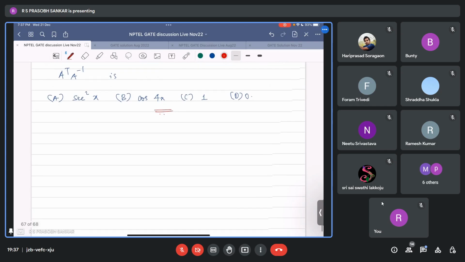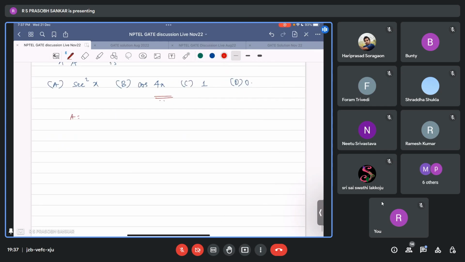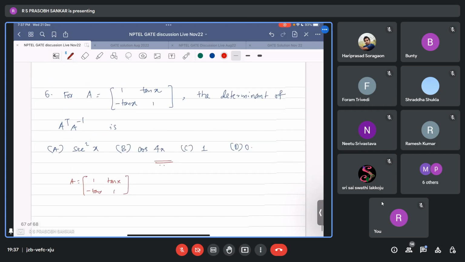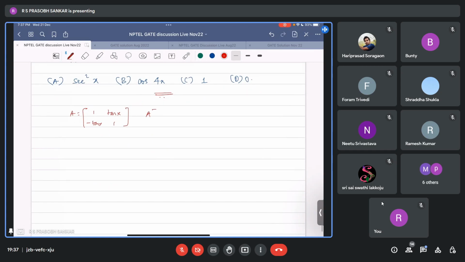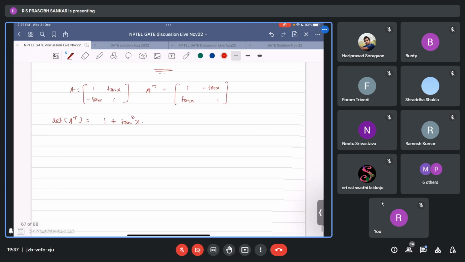So how do we do that? We have A equal to [1, tan x; minus tan x, 1]. So A transpose will be [1, minus tan x; tan x, 1]. The determinant of A transpose is 1 plus tan square x.